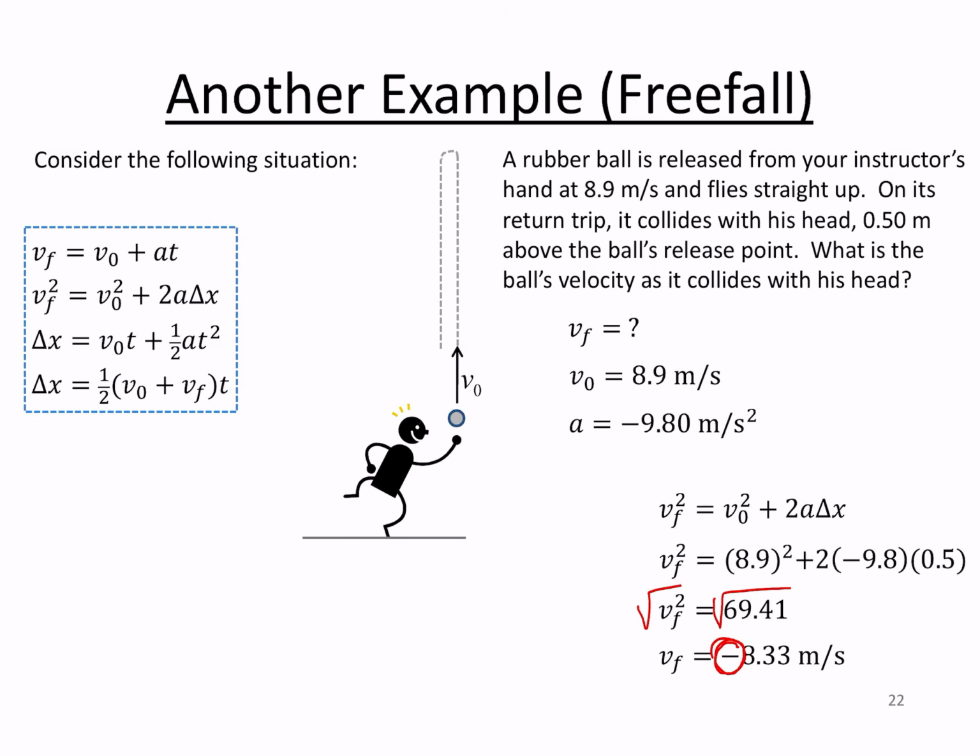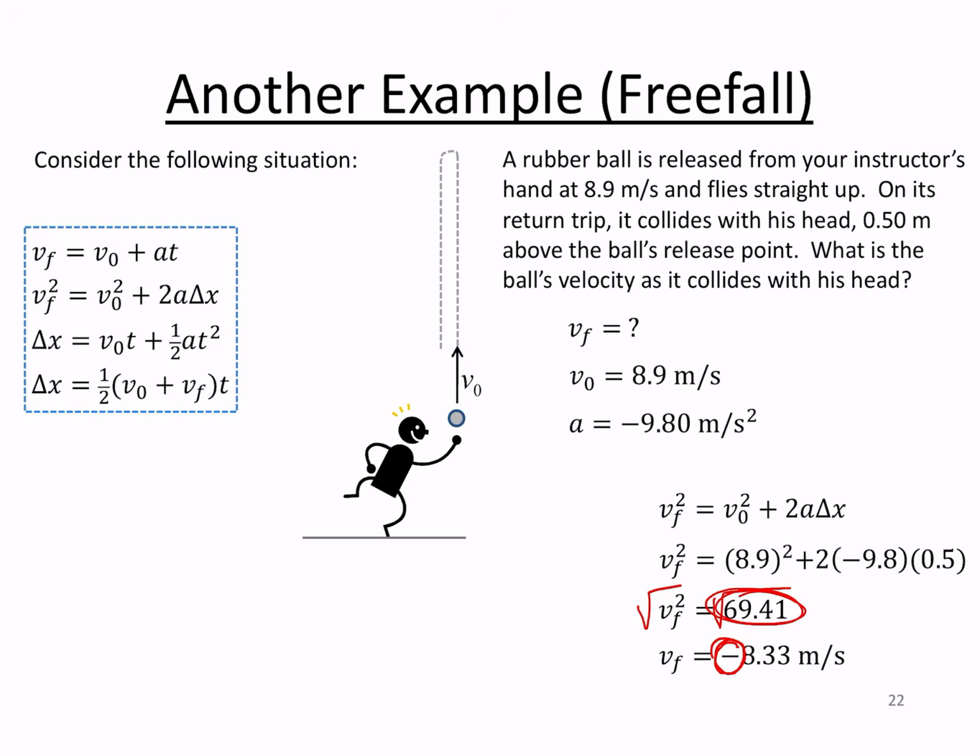Okay. But you do know, right, that when you take this square root, there's two possible roots, right? There's a positive one and there's a negative one, because the v final could be negative 8.33 or positive 8.33, and you'd still get this 69.41 that we get when we punch in all of our numbers.